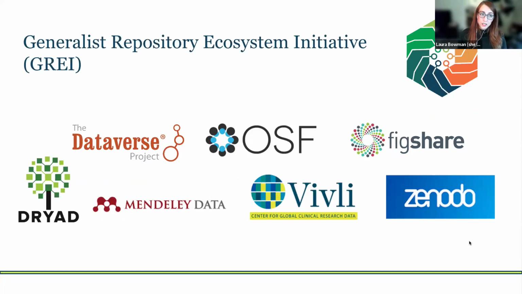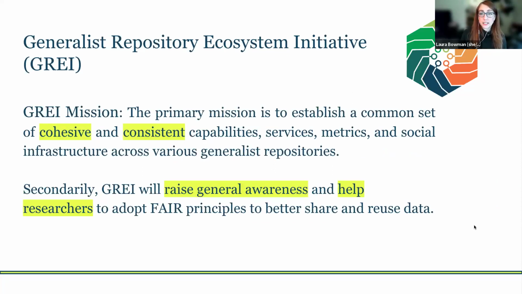So GREI is the Generalist Repository Ecosystem Initiative. And basically it is a grouping of all of these generalist repositories. I'm sure some of them look familiar to you, hopefully. Zenodo and Figshare, really big players in this space. And so even though we're kind of working in the same type of thing, we are working together to make data as good as possible.